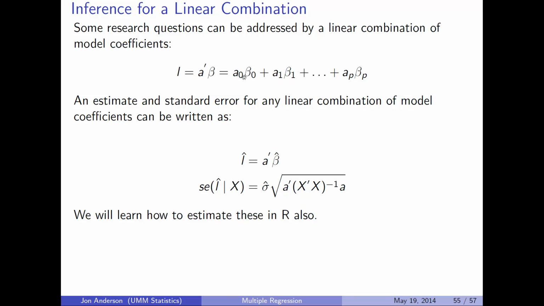And you can construct an arbitrary function of your betas, and you can estimate that arbitrary function by putting in the beta hats, and you can estimate the standard error of that function. I'm saying the function is this symbol lowercase l, and the function L can be estimated by putting in estimates of the betas, and you can get standard errors by this kind of complicated linear function. And I'm going to be showing you how to do those in future.